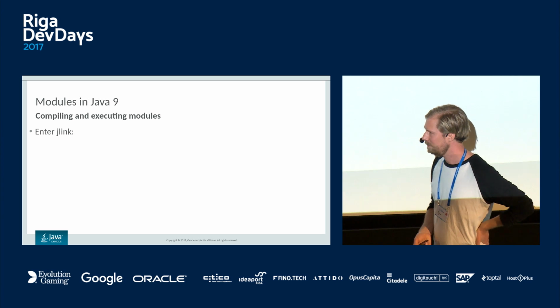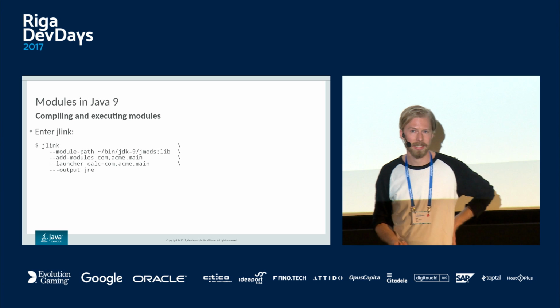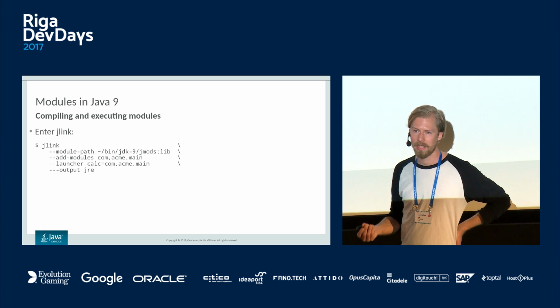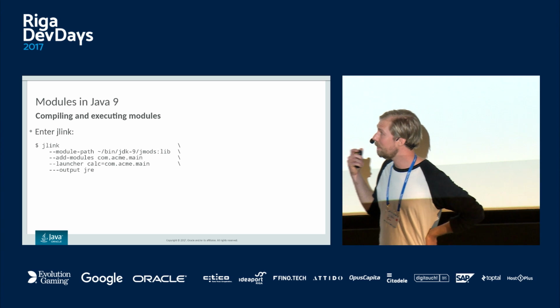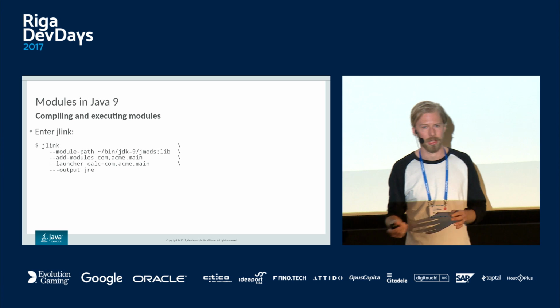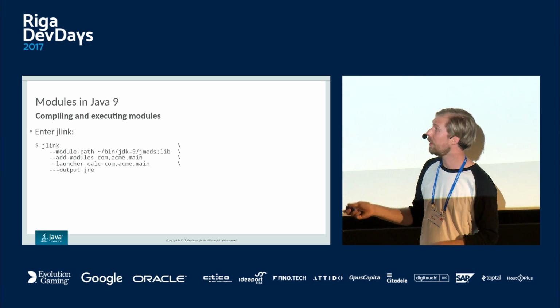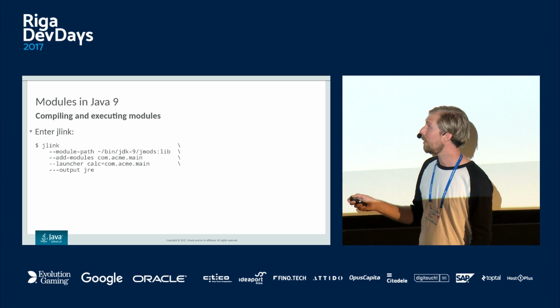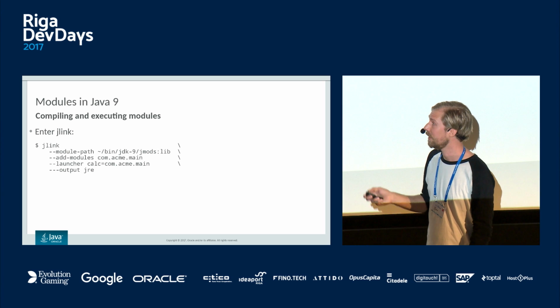So, enter jlink. jlink is a new tool in JDK 9 that makes use of the module graph. And you can describe to jlink, here's the module path. Again, you recognize the module path from javac and java. Specify to jlink, this is where you will find modules. But now we actually have to tell it about the JRE modules as well, in jmods, and the modules from our application.